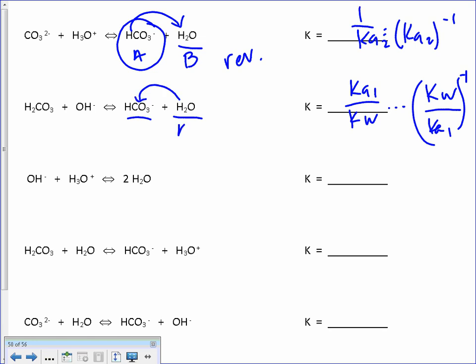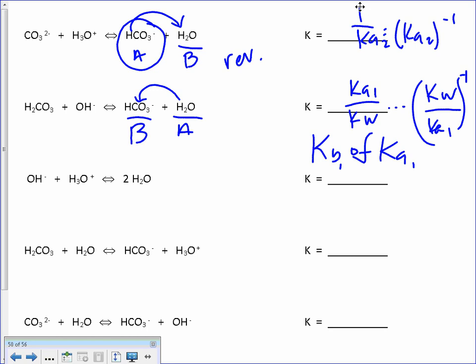Right, so water is the acid, this one's the base, and since it's the base, you're going to have to find the Kb of the Ka, and that combination between these two is Ka1 because they're the first deprotonation. And so to do that, you must use Kw to get there. 2 for 2?